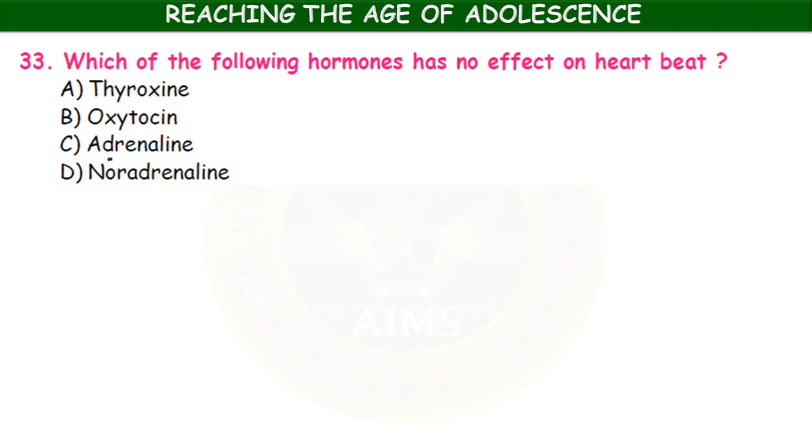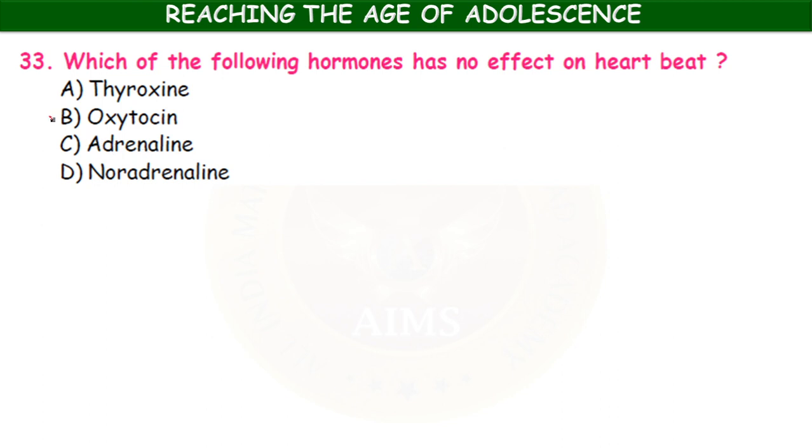Which of the following hormones has no effect on heartbeat? Thyroxin, oxytocin, adrenaline, noradrenaline. So here thyroxin, adrenaline and noradrenaline have their impact on the heartbeat.